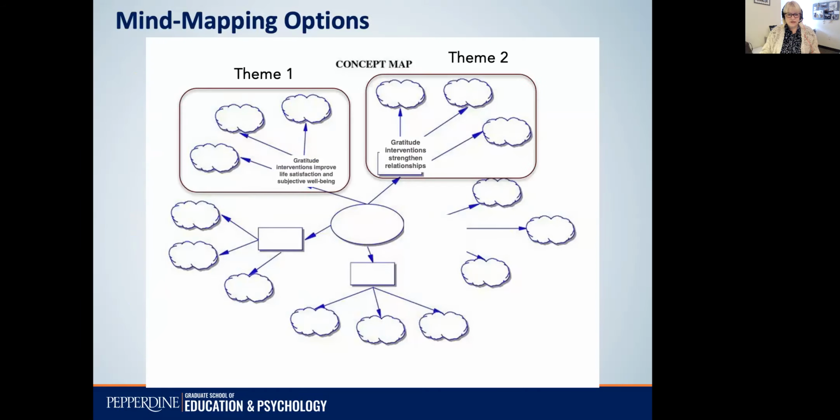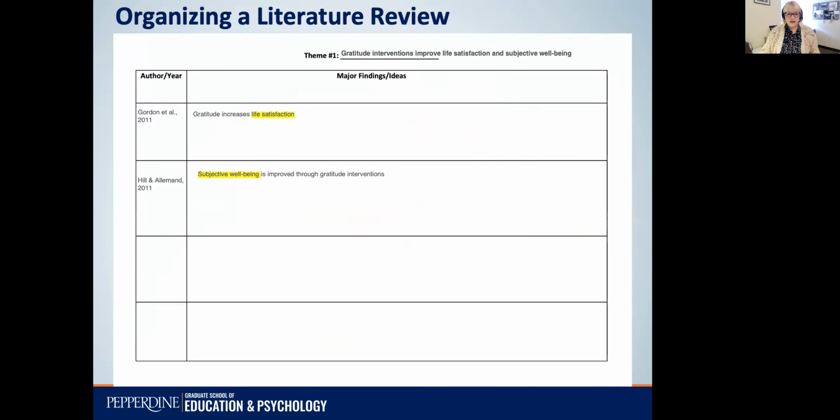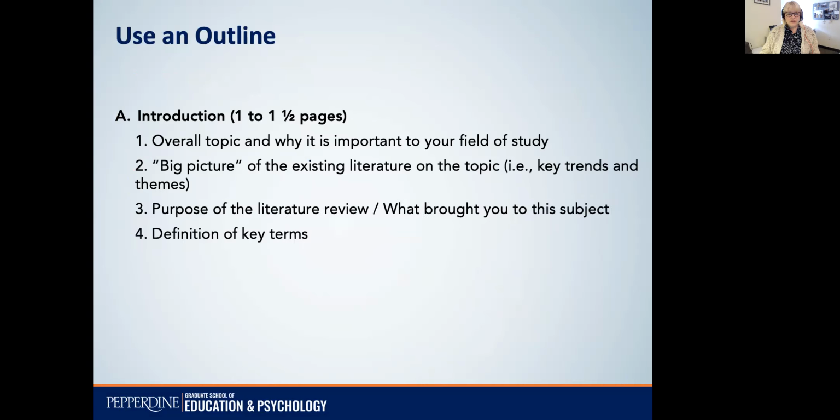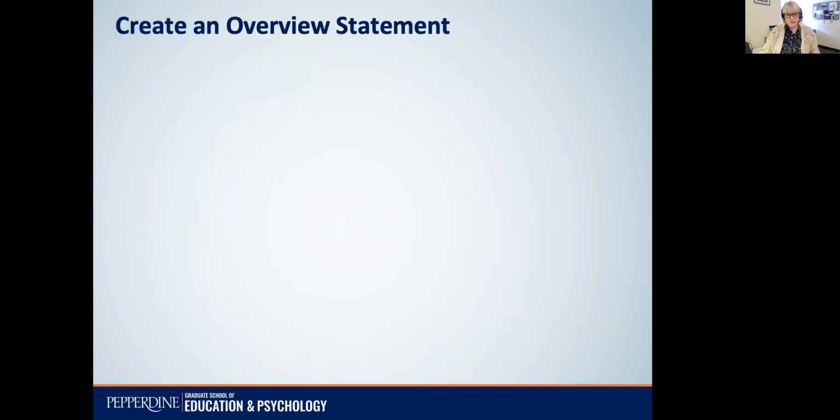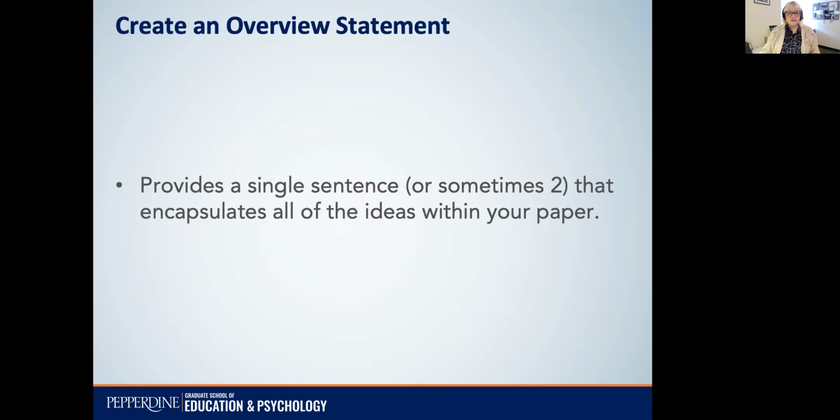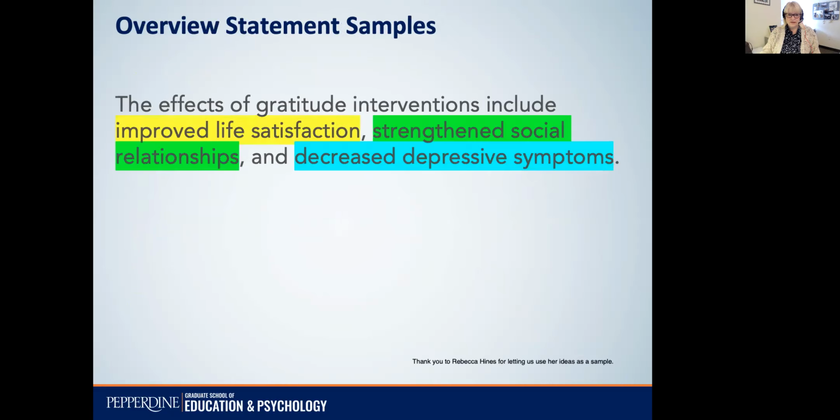The last thing I want to show you, you can think about it in terms of a mind map, tables, but I just want to move forward to talk a little bit about an overview statement. This is a single sentence that obviously and clearly tells your reader what your strategy is for the rest of your paper. It's a single sentence. It sometimes has to be two, but usually a single sentence that gives that layout of what's coming.